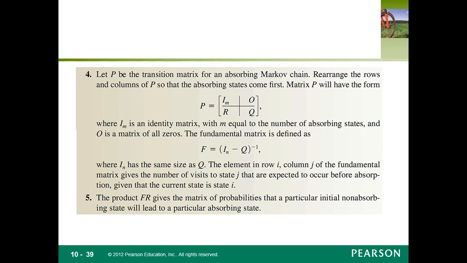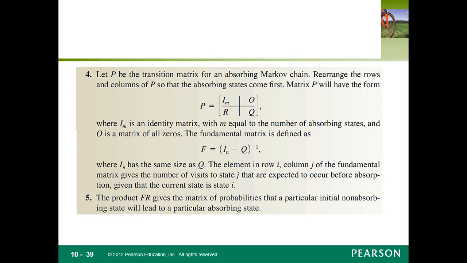Again, the element in row i, column j of this fundamental matrix tells us the number of visits expected to state j before absorption, given that the current state is i.